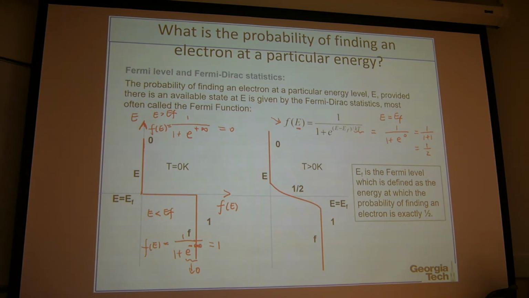Of course, in reality, we will have temperature larger than 0. Then if you draw the function with temperature larger than 0, it will become something like this. You will have a gradual transition of the probability from 0 to 1. But at the Fermi level, here, you will get half of the probability.